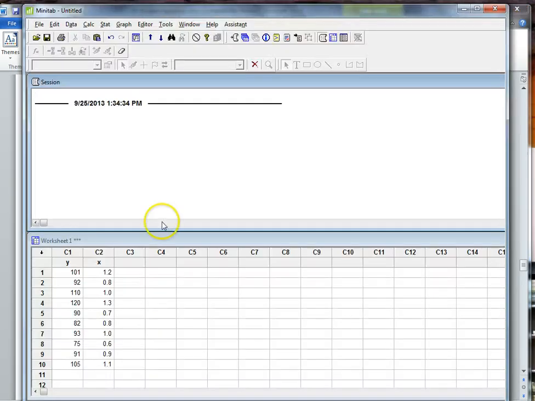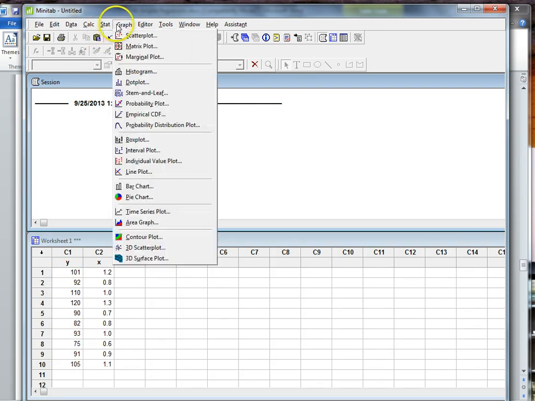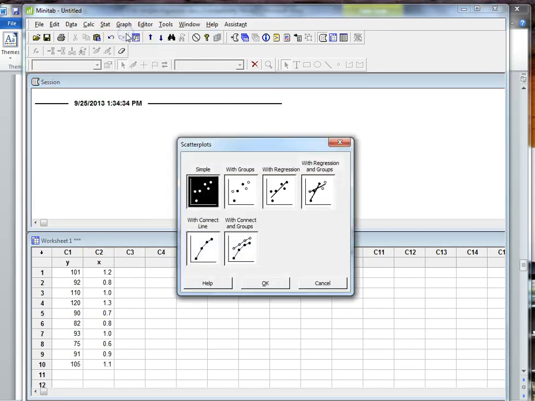So this is Minitab here. This is how I entered my data. This is the same data we had in the class notes. That's my advertisements, 10 values, and this is my sales volume. So first I want to do a scatter plot, a scatter diagram. I click on this one here.